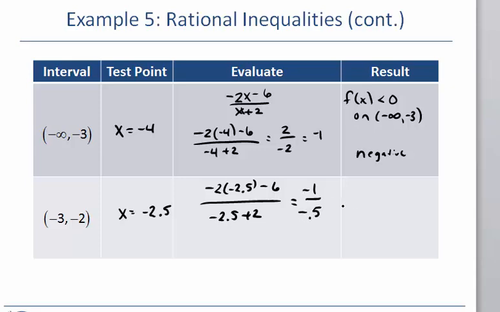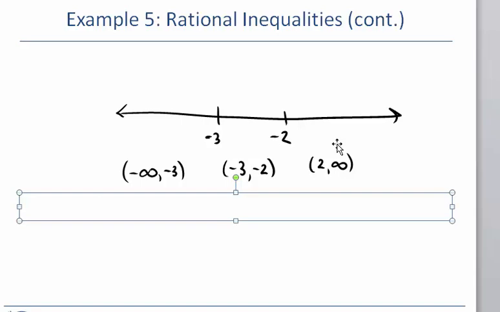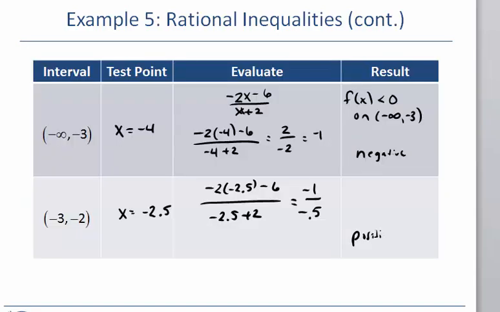So negative over negative is going to be positive, which means that the function is going to be greater than 0 for all x on this interval.